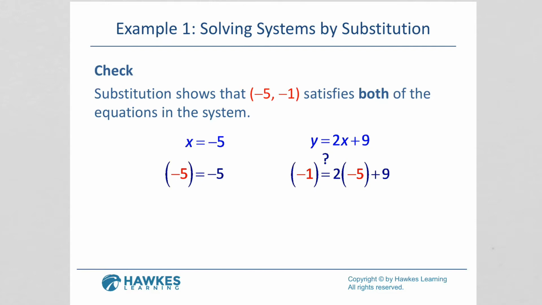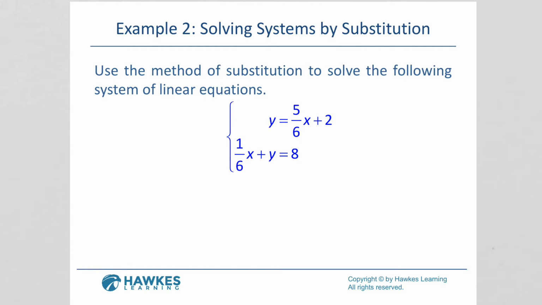In the second equation, we plug in the whole ordered pair, -5, -1. It ends up giving us -1. Does that equal 2 times -5 plus 9? That ends up simplifying into -1 equals -1 on the right, and we already established that -5 was equal to -5 on the left. So it worked.